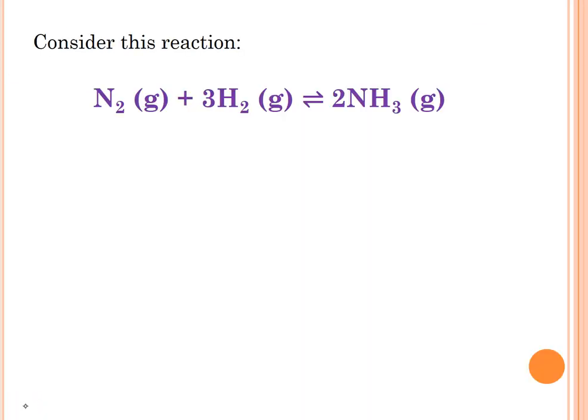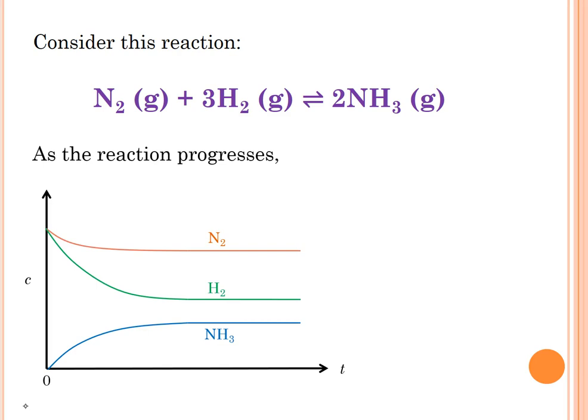Consider this reaction where nitrogen reacts with hydrogen to produce ammonia. As nitrogen reacts, the concentration of nitrogen and hydrogen would gradually decrease over time, and the concentration of ammonia would increase over time.